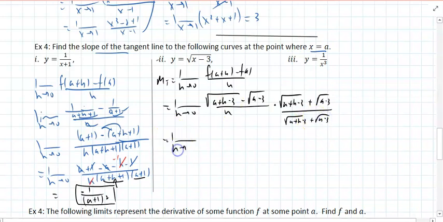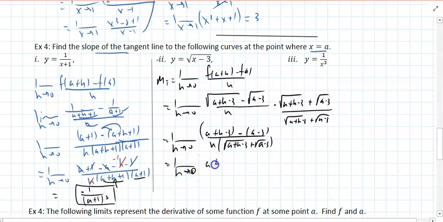That will be the limit as h approaches 0. The top will be a plus h minus 3 minus a minus 3 divided by h times the square root of a plus h minus 3 plus the square root of a minus 3. Distribute the negative in. A plus h minus 3 minus a plus 3.